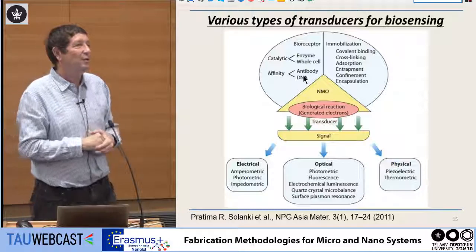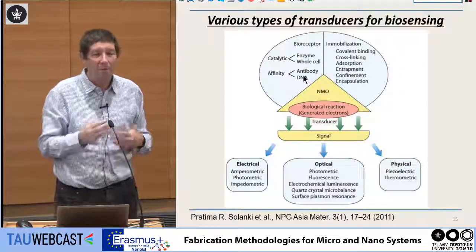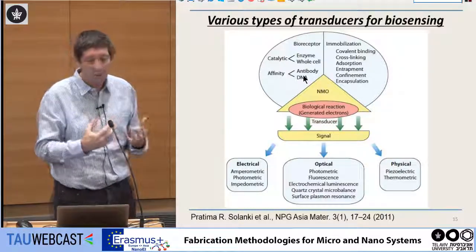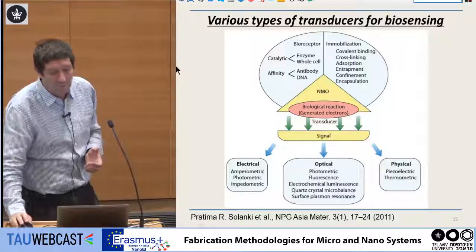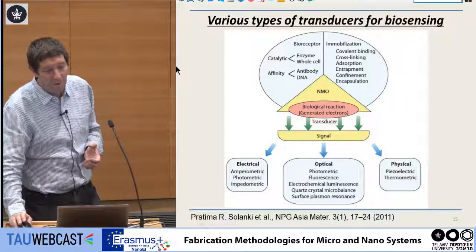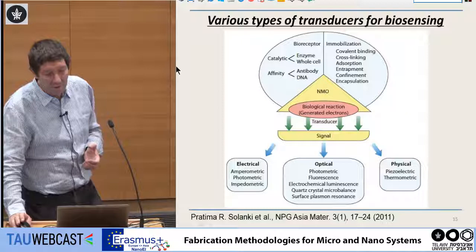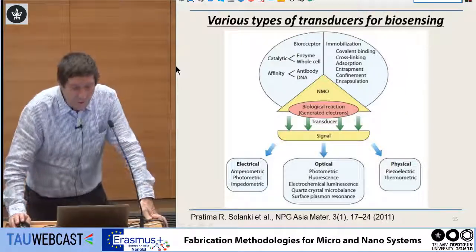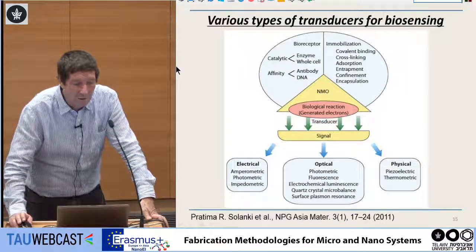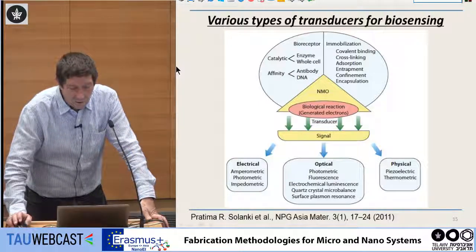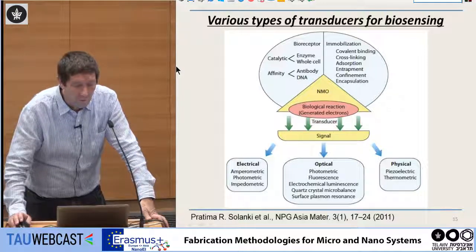But some reactions are very, very weak. So you have the interaction between antibody and DNA, or enzyme, or the cells. And then you can deposit them on electrodes using covalent bonding, cross-linking, adsorption. And I think this part is what we are looking for.